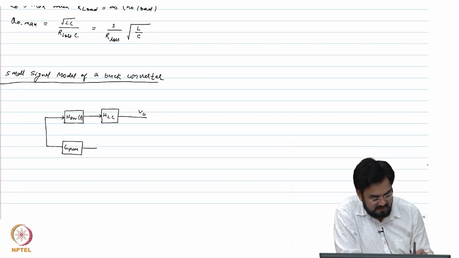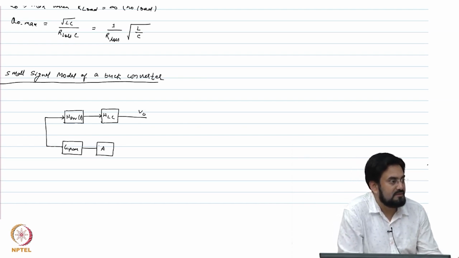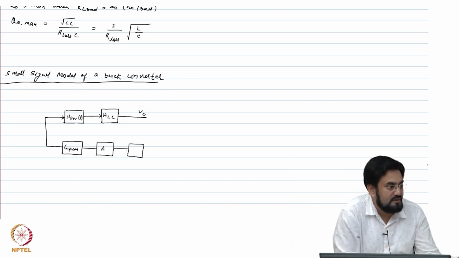Then we had an amplifier with gain of A. Then you had, what did we have?